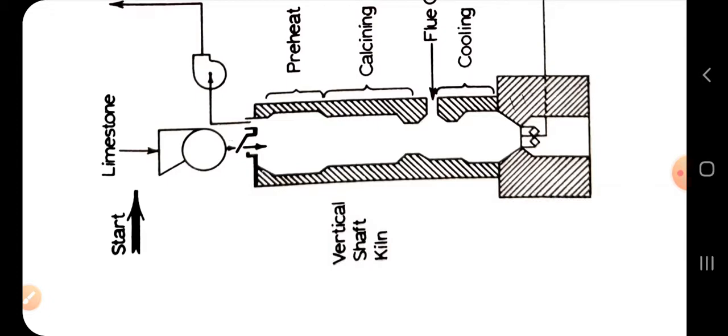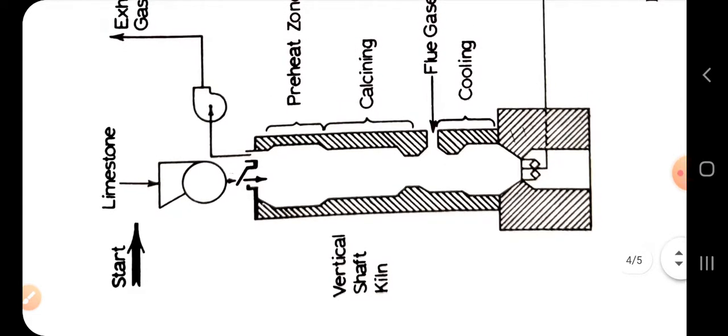Limestone of several sizes is produced with jaw or gyratory crushers used for breaking of hard rocks, and hammer or roll mills used for soft rock. So it depends upon our type of limestone, and also it depends on the type of calciner that we are using.